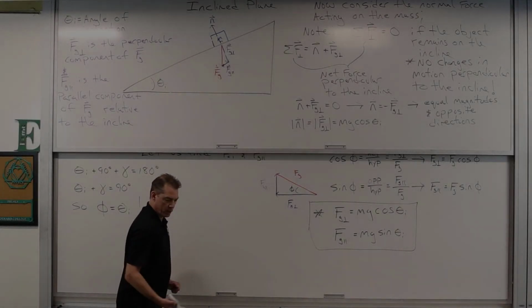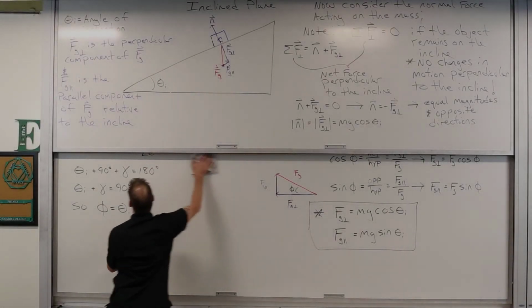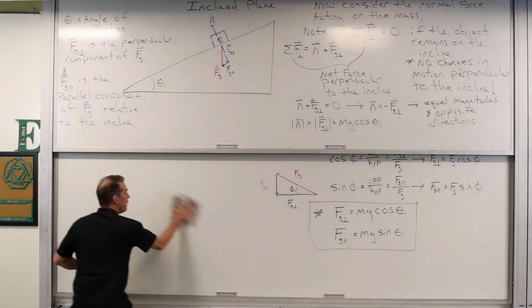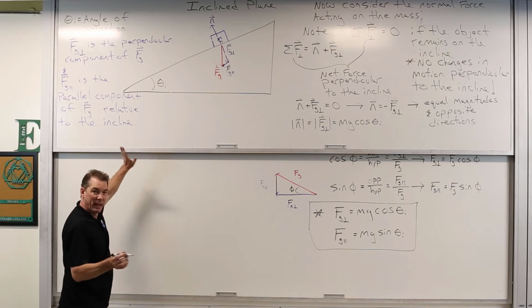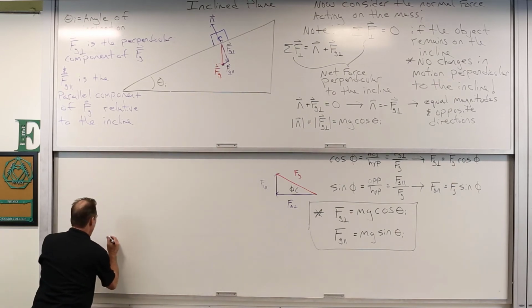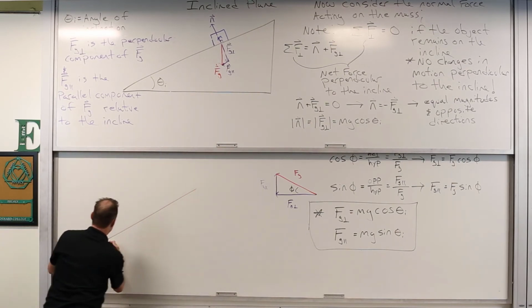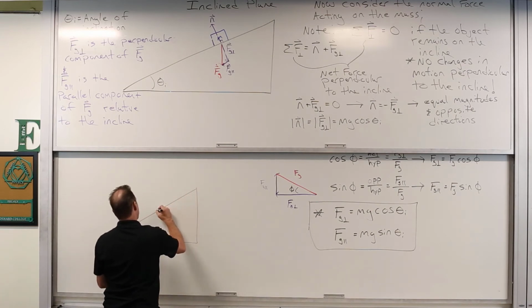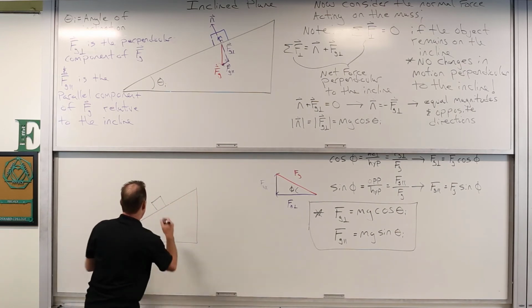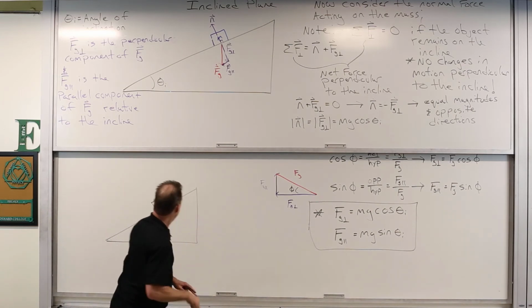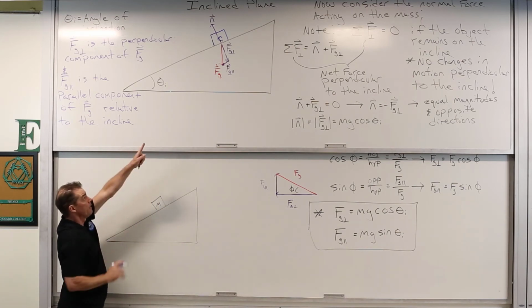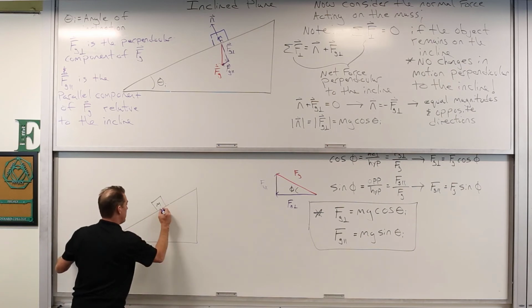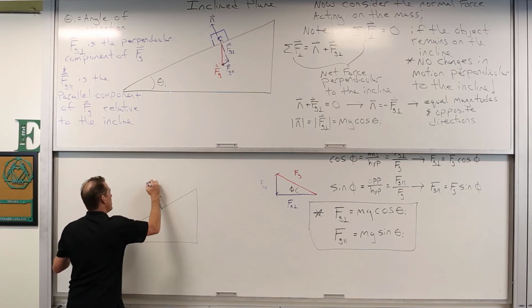What about the parallel direction? Well, I'm going to redraw that a little bit just so that we can see it with respect to the mass. We've got this mass there. Now I'm going to break up the force of gravity into its components. We've got the normal force, n hat.